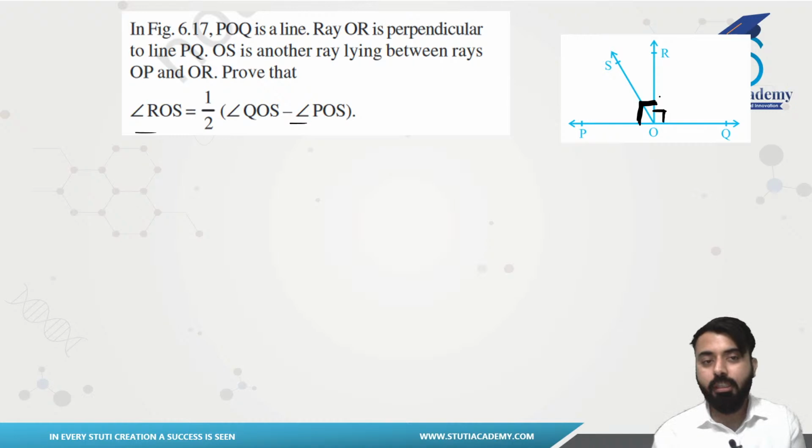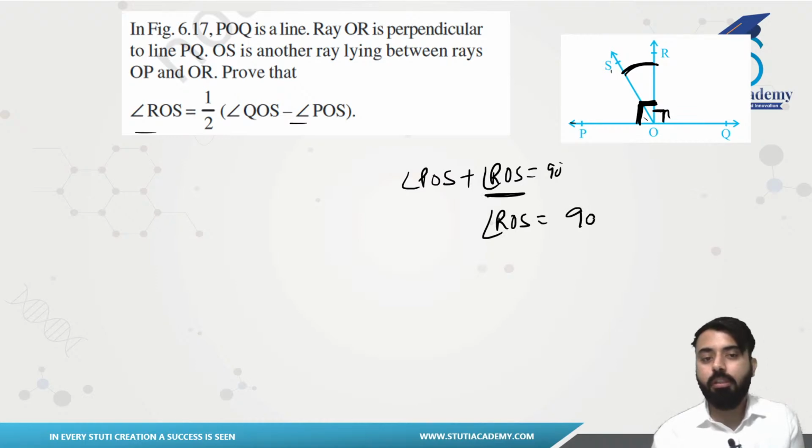If I want to find out the value of ROS, one way is to subtract this angle POS from this 90. I know angle POS plus angle ROS is 90 since this is perpendicular. So angle ROS should be 90 minus angle POS, right?